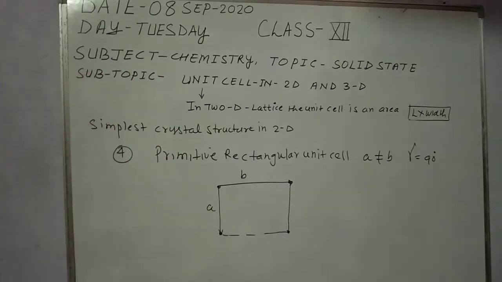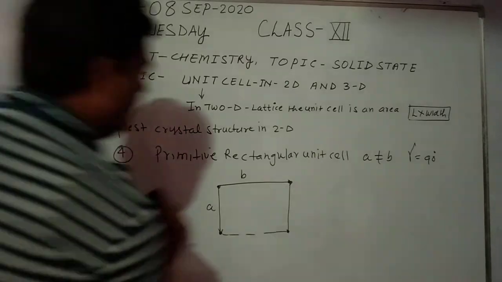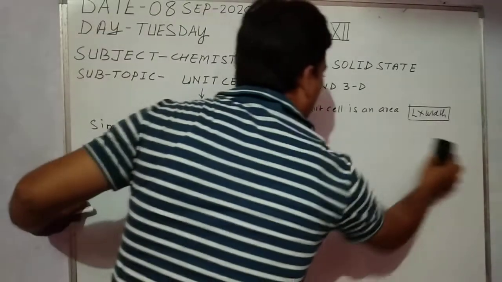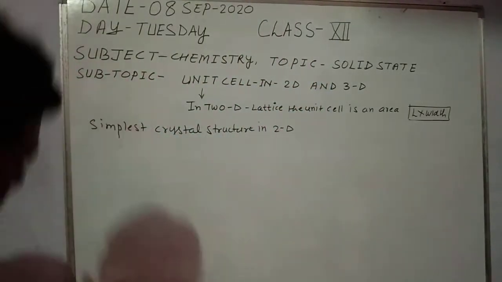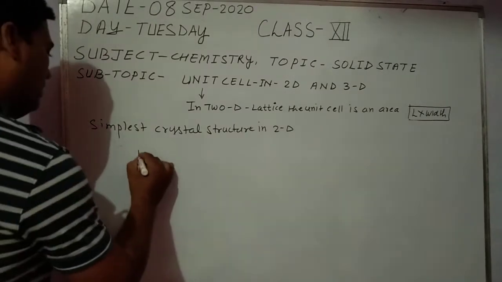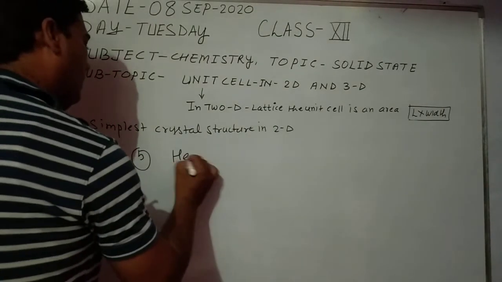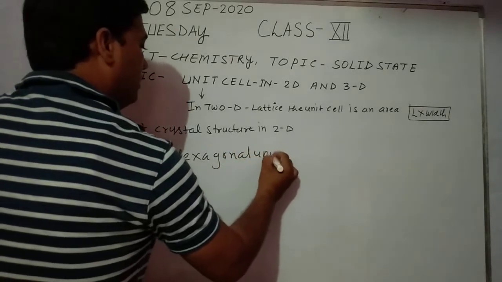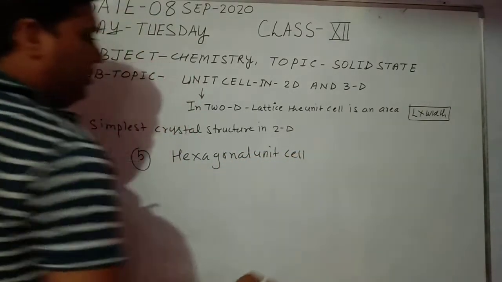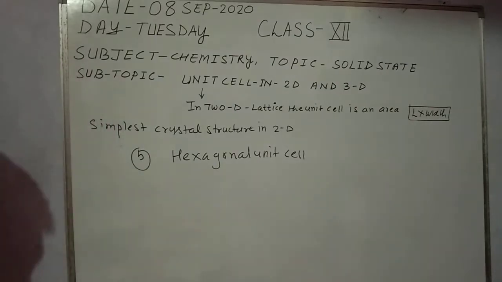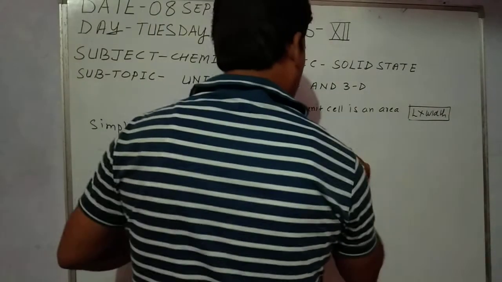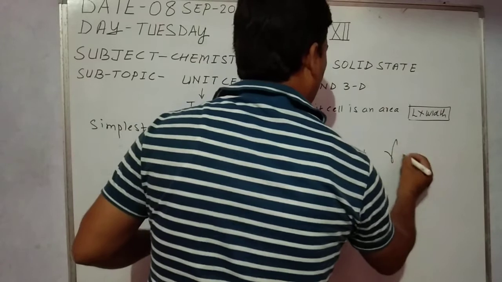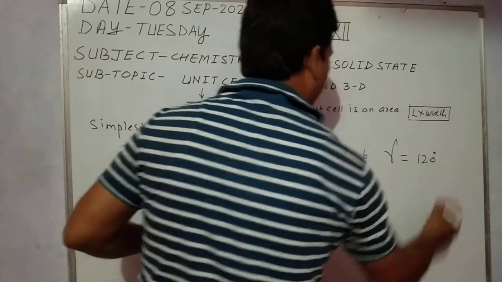And the last one is hexagonal unit cell. Fifth one is hexagonal unit cell. In hexagonal unit cell, A is equal to B and gamma is equal to 120 degree.